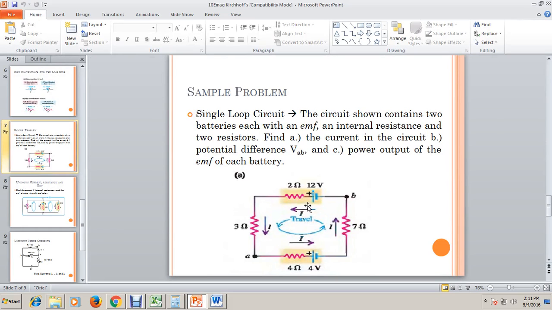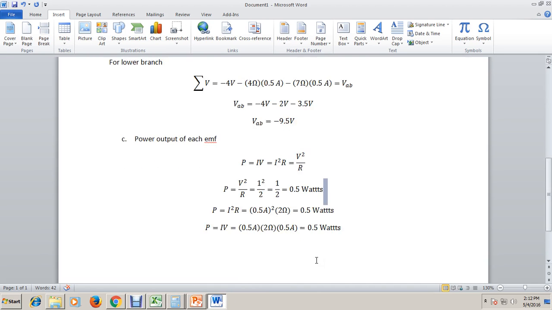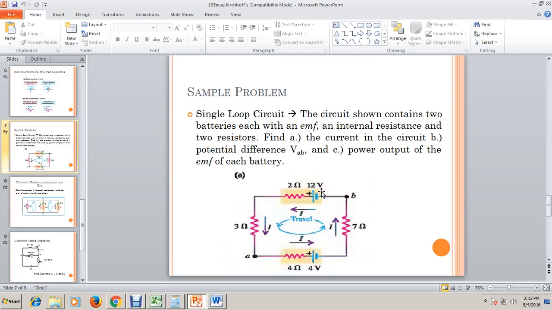Now, to compute the overall power output of the battery, it would come from the voltage of the EMF source minus the voltage drop provided by the 2 ohm resistor. Remember that the battery is composed of the 12 volt EMF and the internal resistance that is 2 ohms.